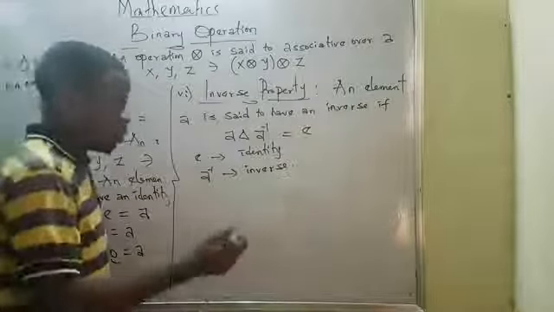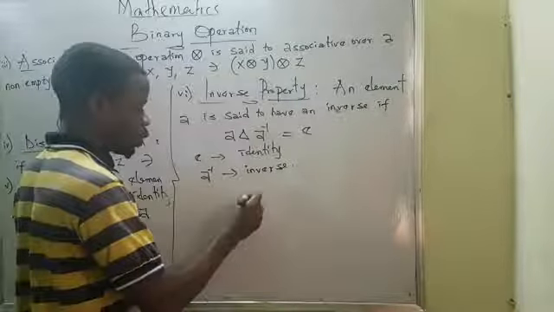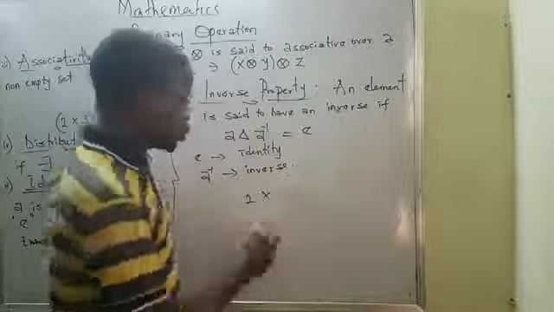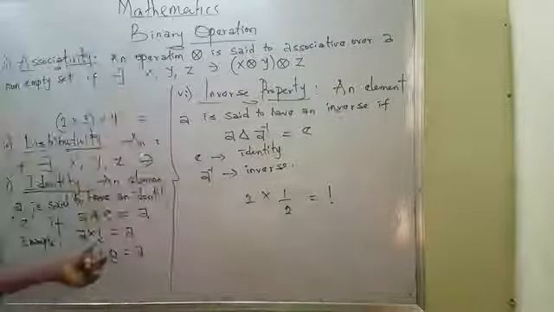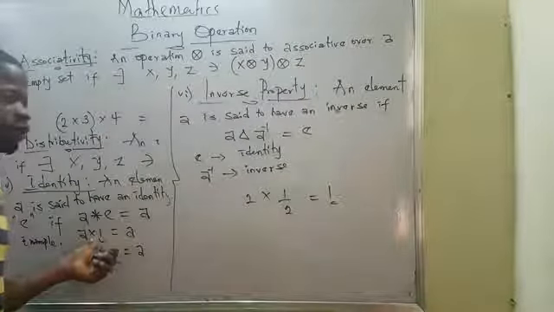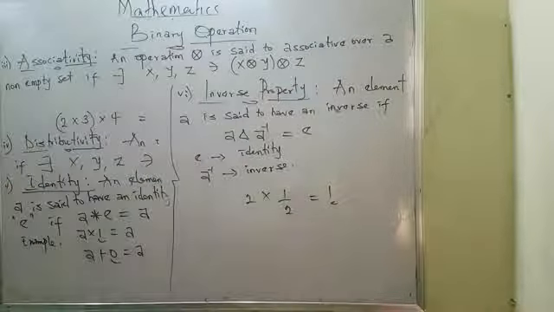Let me give you a common explanation. You have 2 times the inverse of 2, which is 1/2, and that will give you 1. And I said before that 1 is an identity. So that's how we generate the identity, and that is how we work with it.